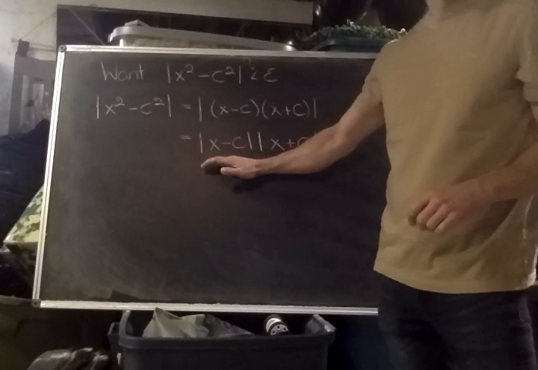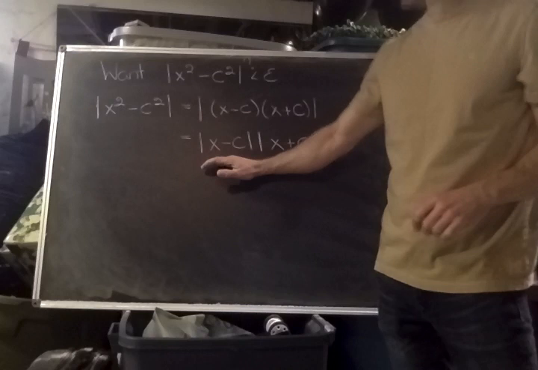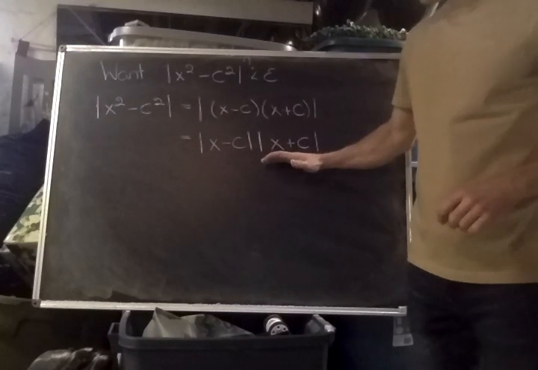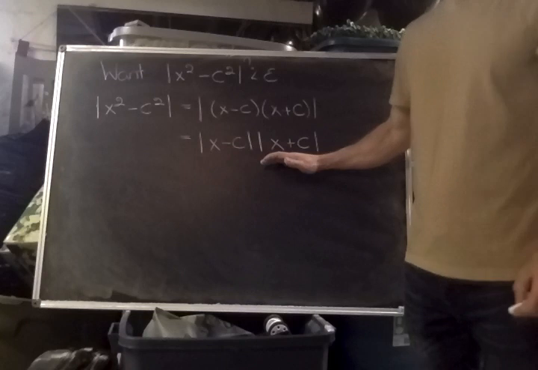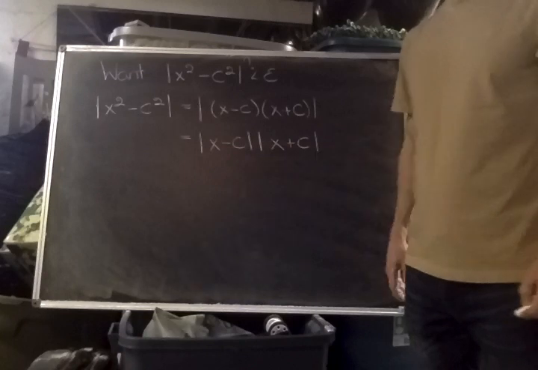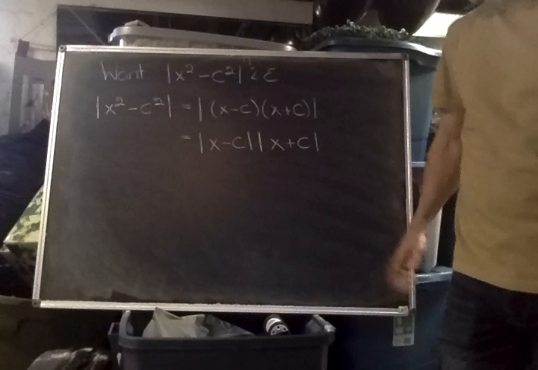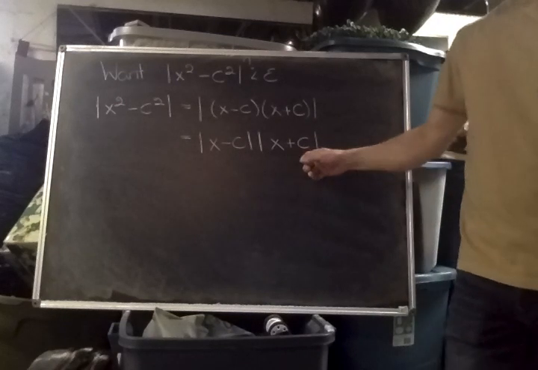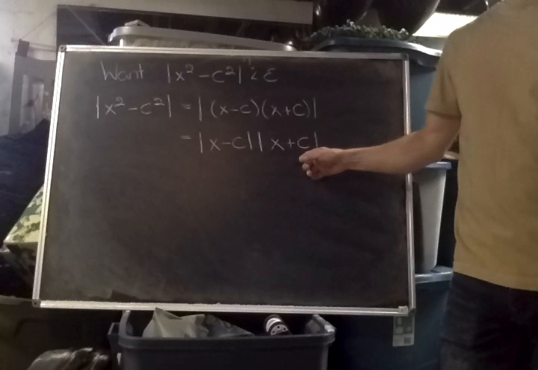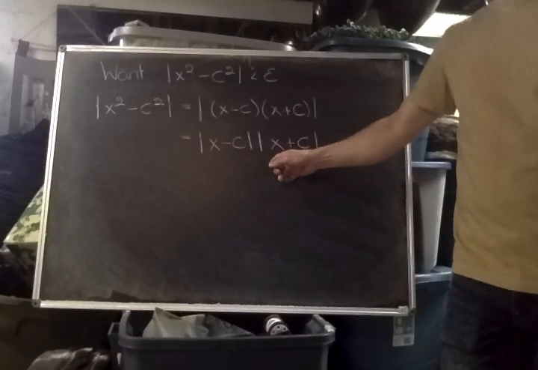That's good, because we're allowed to control that and make it as small as we want, times the absolute value of x plus c. That's somewhat less good, because it's a bit of a moving target, right? Certainly we know what c is, that's a fixed number, but x is moving around a little bit, okay?